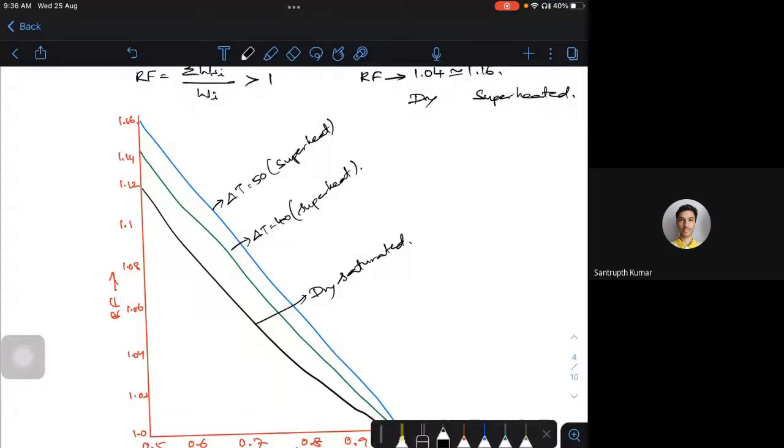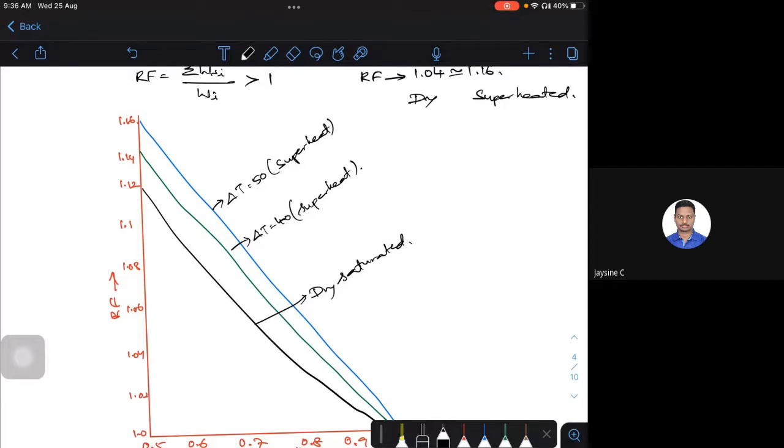So what you have to do here, for the 20 bar, what is your saturation temperature? 212, sir. 212.